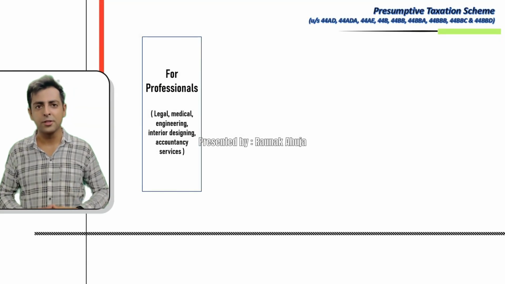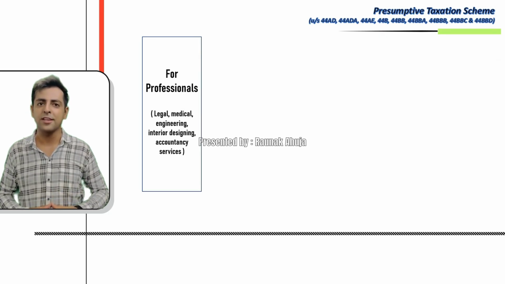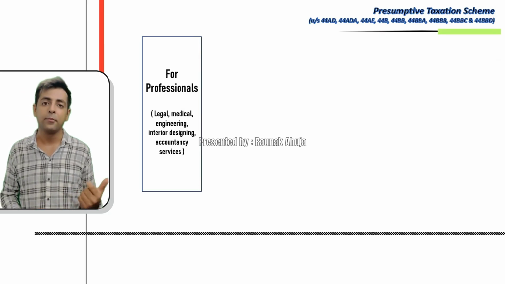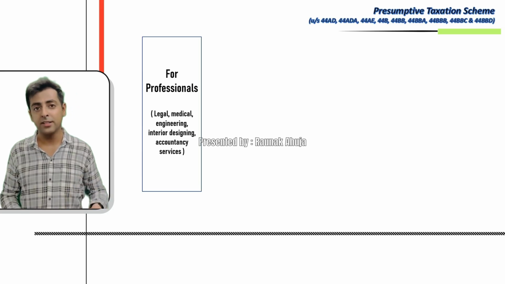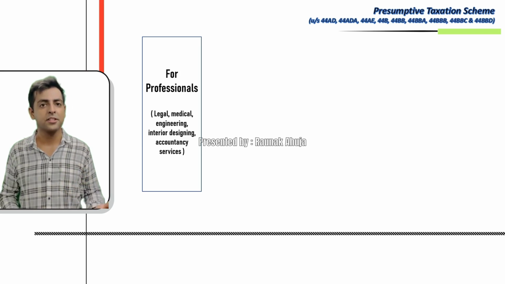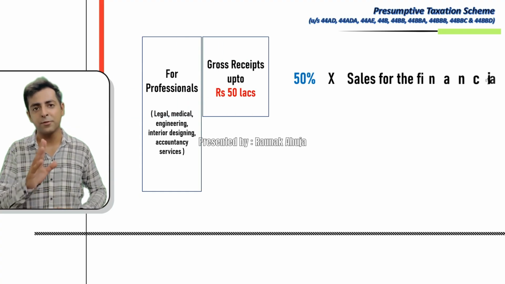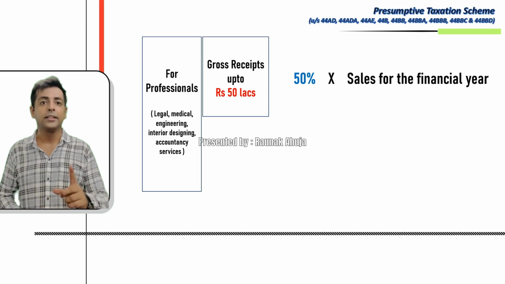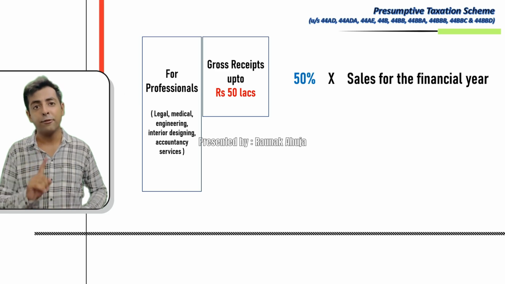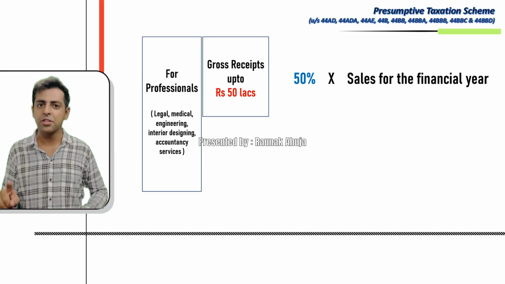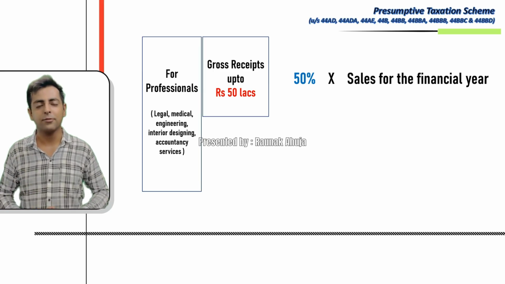Now, for professionals who are engaged in providing services such as legal service, accountancy service, medical service, engineering service or an interior designing service, in such cases, if they have turnover of up to rupees 50 lakhs during the financial year, their total income would be 50% of the gross receipts or total sales during the financial year.